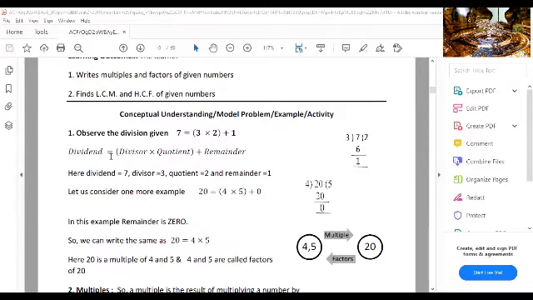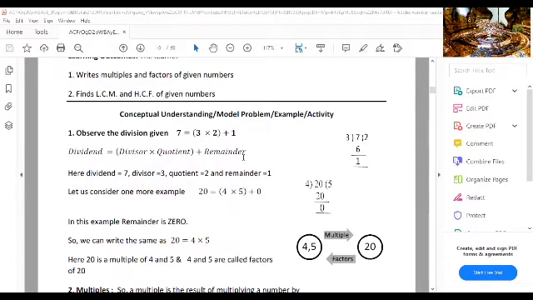The dividend equals, now 3 place is the divisor, divisor into 2 place is the quotient place, plus 1 place is the remainder place. Now what we get here? Dividend equals divisor into quotient plus remainder.